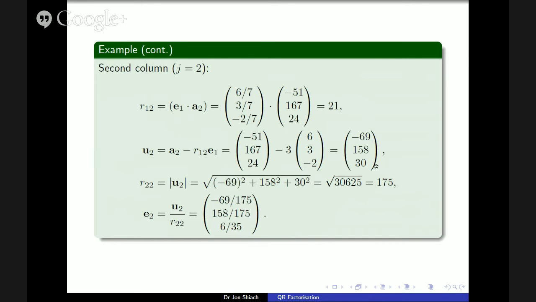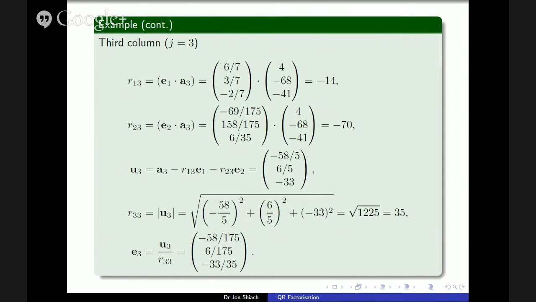And this leaves us with this vector here. This is our U2, which is orthogonal to that vector there. But we need a unit vector, so we normalize it: calculate the norm of U2, which gives us our R22, which happens to be 175. Then divide U2 by R22, giving us E2. So this is a unit vector which is orthogonal to E1.